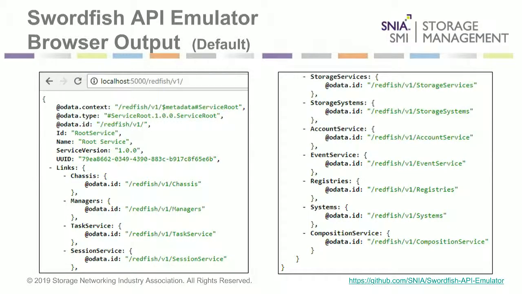Port 5000 is the default port you use to talk to it. I'm accessing /redfish/v1/, which is the Redfish service root, and you'll see this kind of output in your browser. The things to focus on to tell you that this is in fact the Swordfish API Emulator are that on the upper right, there's storage services showing as a resource, and storage systems showing as another resource.